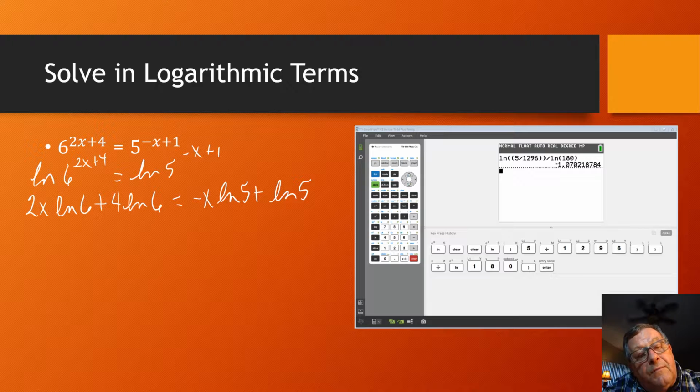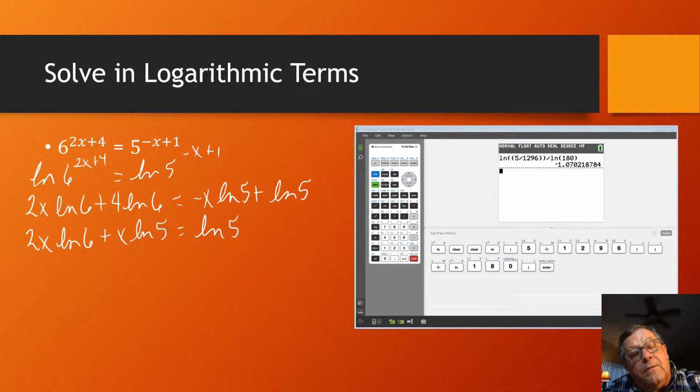Once I do, I've got 2x ln 6 plus x ln 5 equals ln 5 minus 4 ln 6. All right, let's factor out an x on the left, because I can do that.